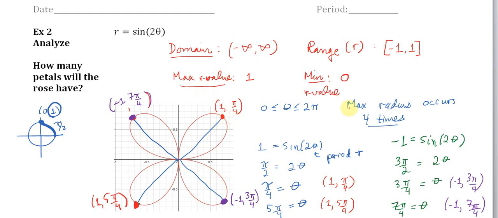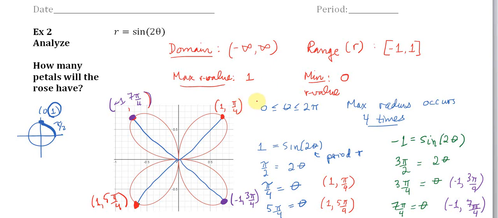And again, there's a couple terms that we're throwing all over the place here. Max r value is talking about the distance. r by itself is just talking about the radius. So the radius could be positive or negative, but the max r value is talking about the absolute distance from the origin.